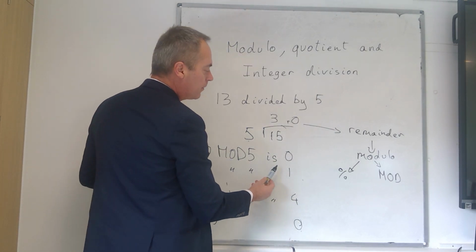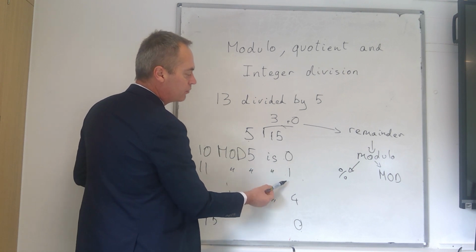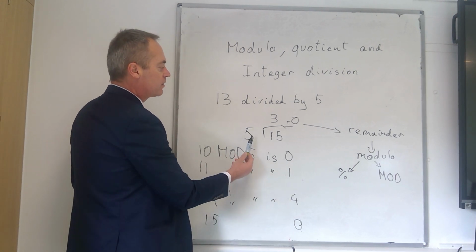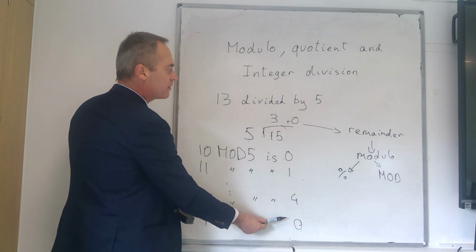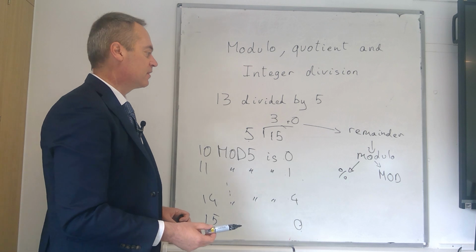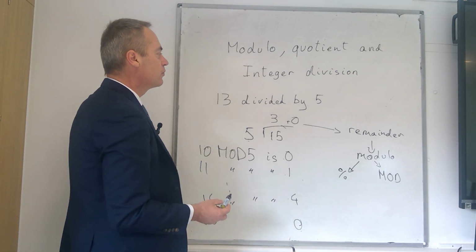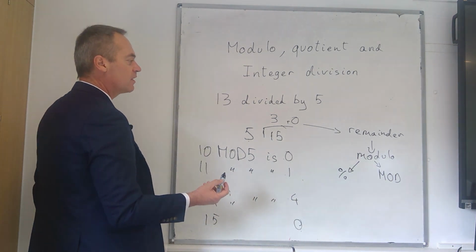So this would iterate remainder 0, 1, 2, 3, 4, and as it's 5, once you reach it, the modulo starts again at 0.